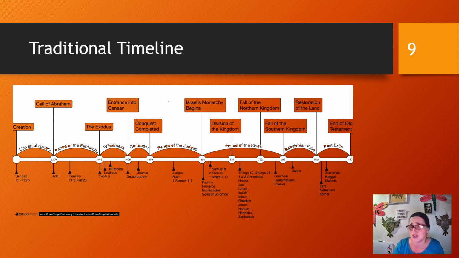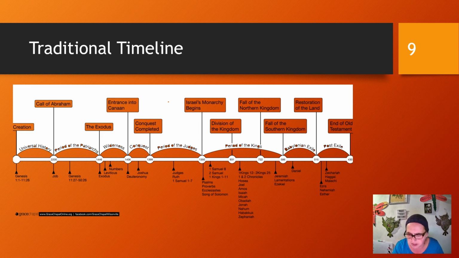Okay, so the traditional timeline, big emphasis on the traditional. I myself am an evolutionary biology freak, so I'm not particularly keen on young Earth. But this is the traditional timeline if we were reading the Bible for the history of the world. Traditionally, often within Judaism, the creation is placed at about 4124 BCE, so that's year one within the Hebrew calendar.